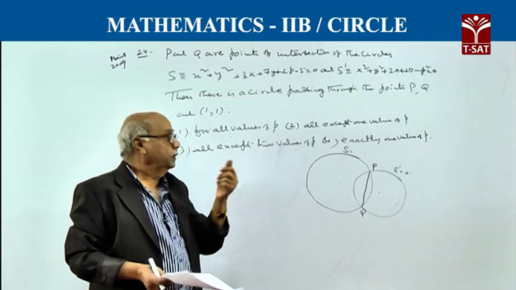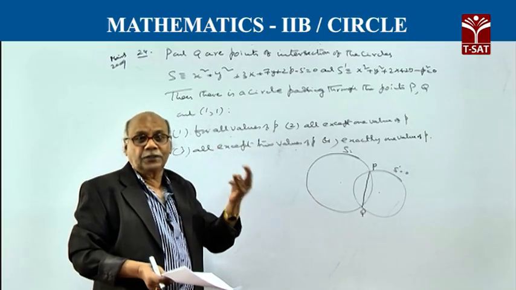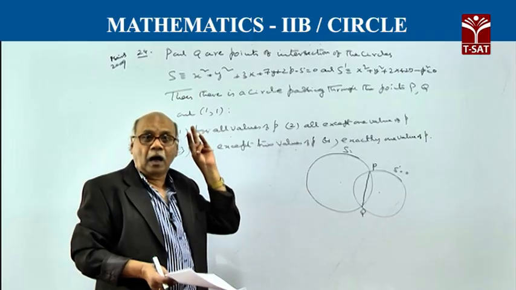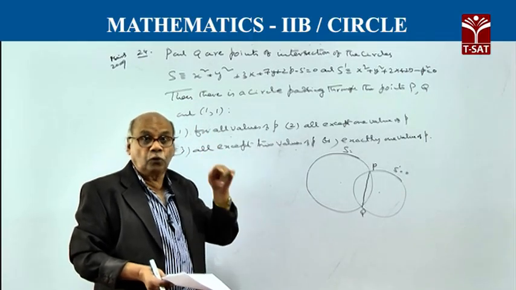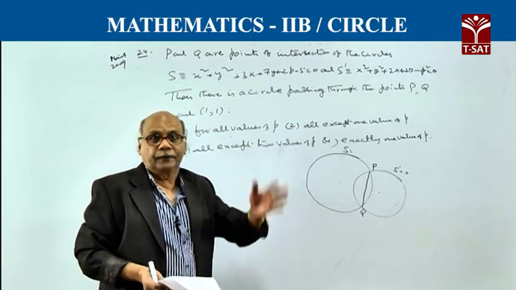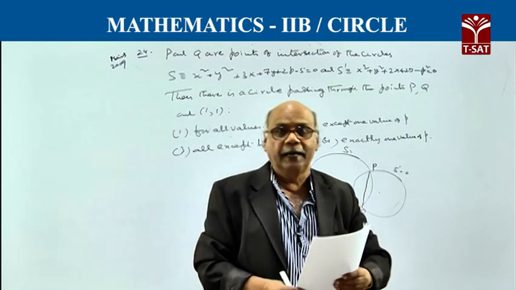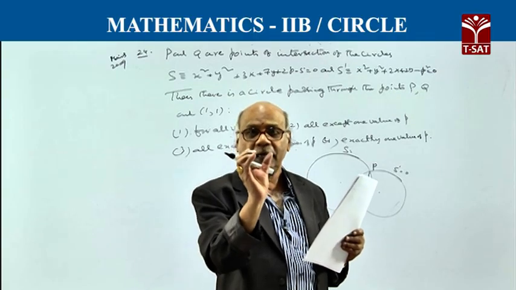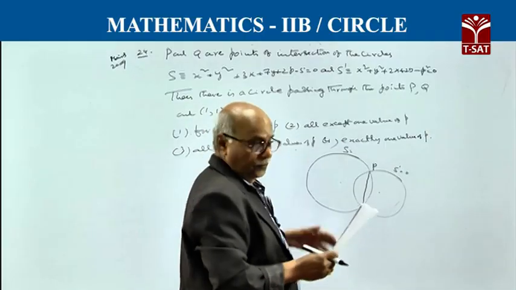If there is one circle passing through these 3 points, what is the condition: is it for all values of p, all values of p except one value, all values of p except 2 values, or exactly one value of p? That means what will be the values of p for which there is a circle passing through their points of intersection and the point (1, 1).